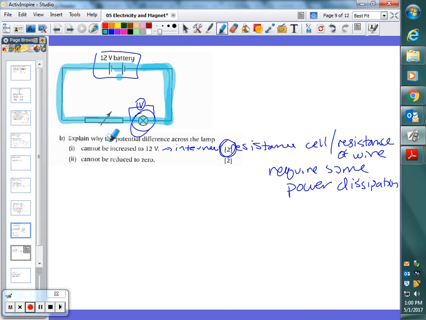Here, effectively, we could probably get to a point where we have effectively stopped the charge flow, but in reality, we can't. The only way we could do this is put a break in the circuit, and that doesn't exist in this circuit as drawn. So that's why we can't get that potential difference down to zero, because current is always going to be flowing.